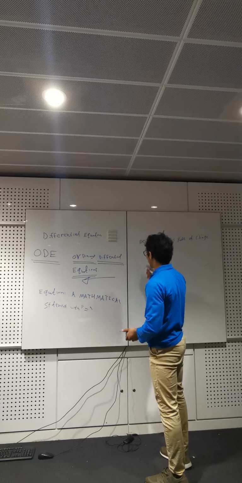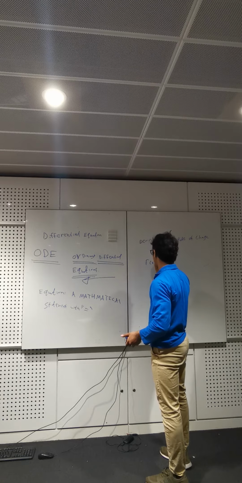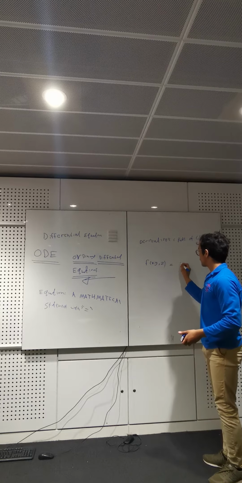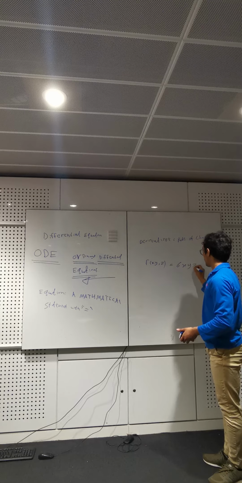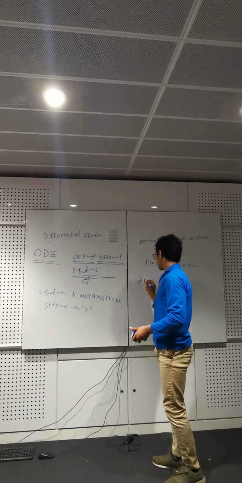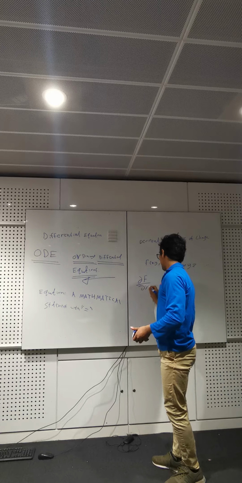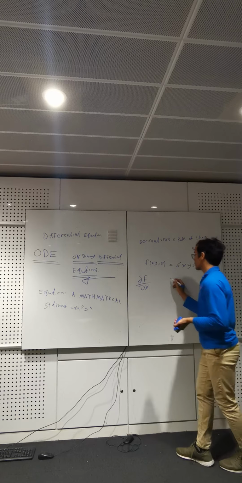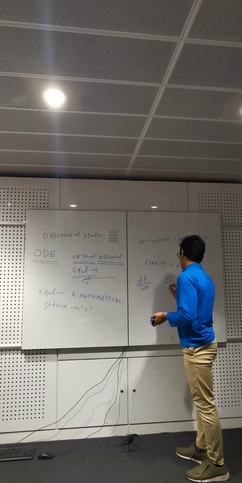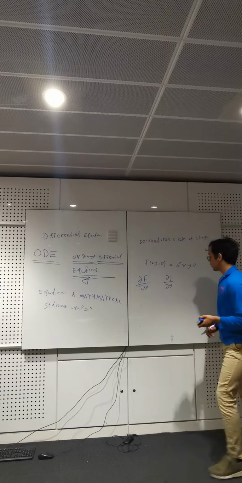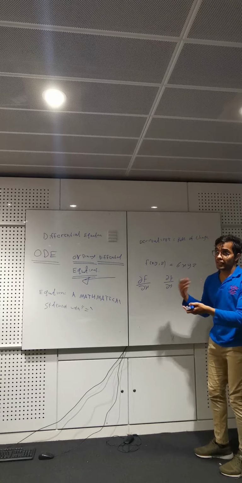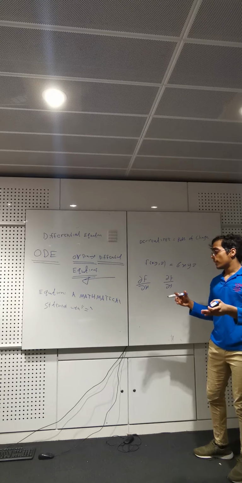So what's that all about? If we have a function like f of x, y, and z as 6xyz, we can take the derivative with respect to x. Just put everything else as a constant and take it with respect to x. We can take the derivative with respect to y, so put x and z constant, just take it with respect to y. That's if the function has more than one variable.